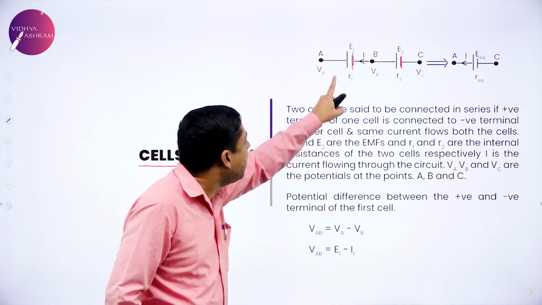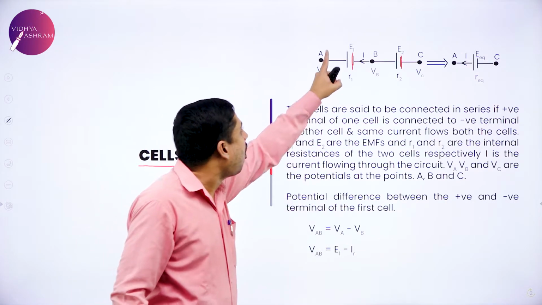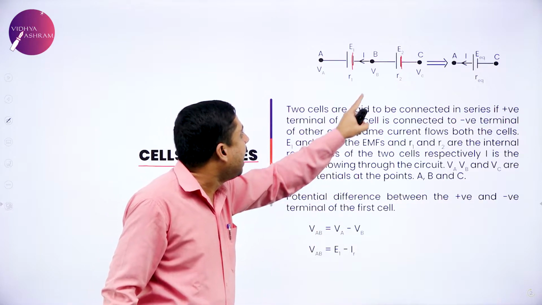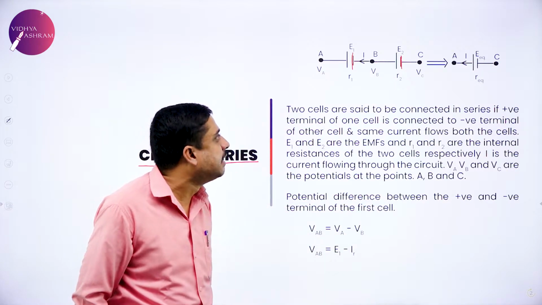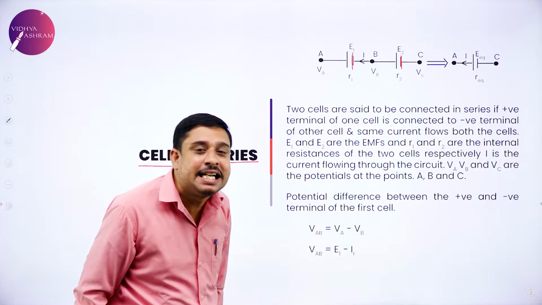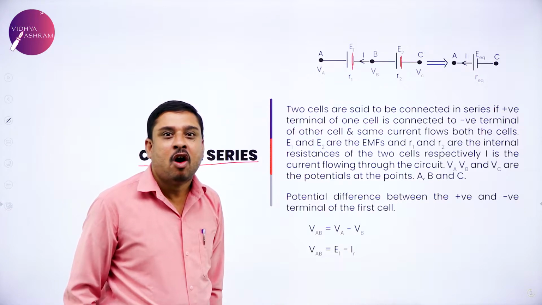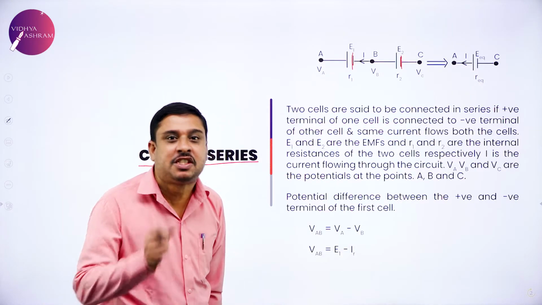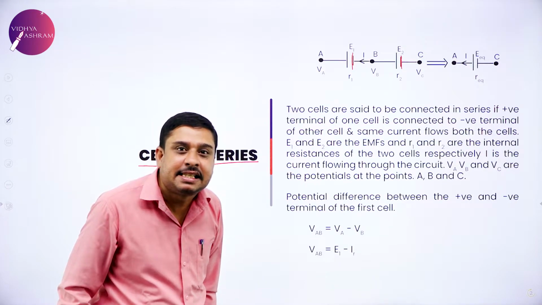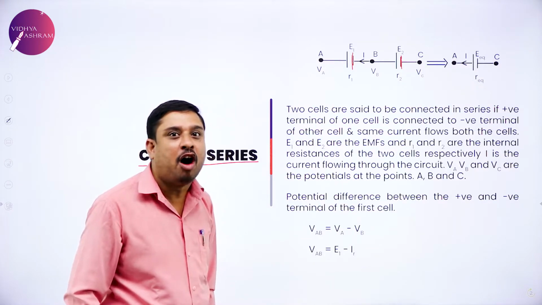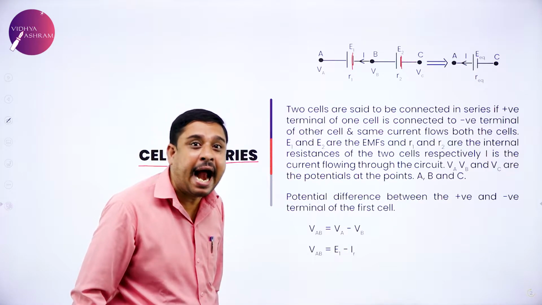Similarly, R1 is the internal resistance of the first cell and R2 is the internal resistance of the second cell.